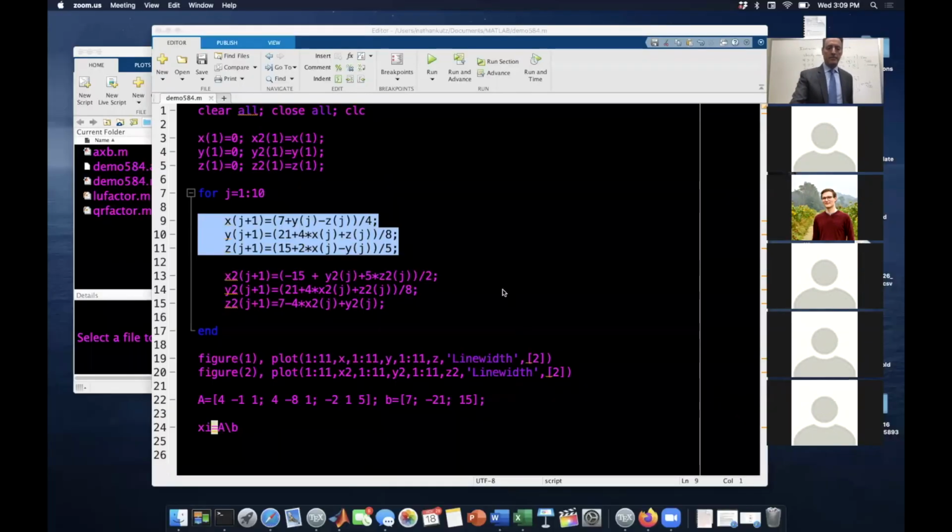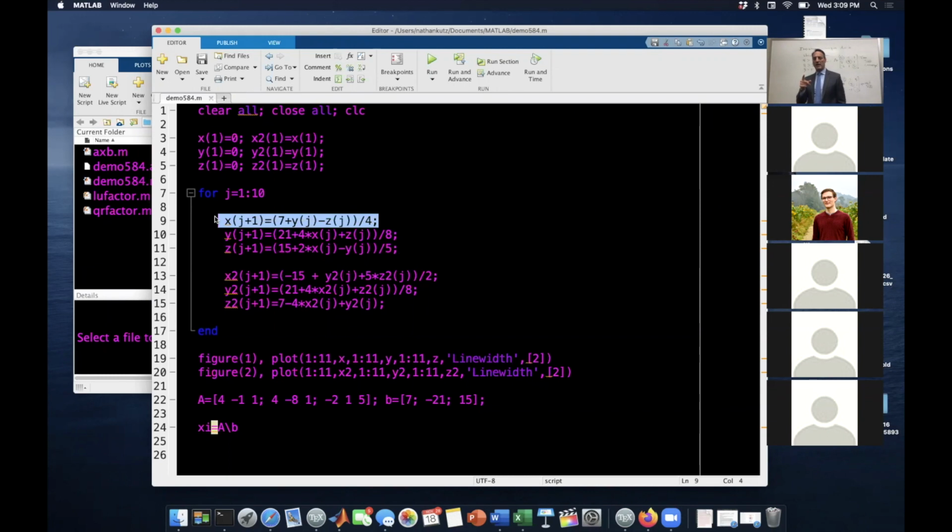Here's the code. Right here in this first line, I just improved my value of x. I grabbed the y's and the z's and I got a new value, x of j+1, which should be better than x of j.